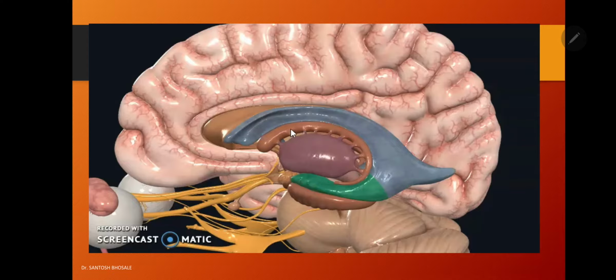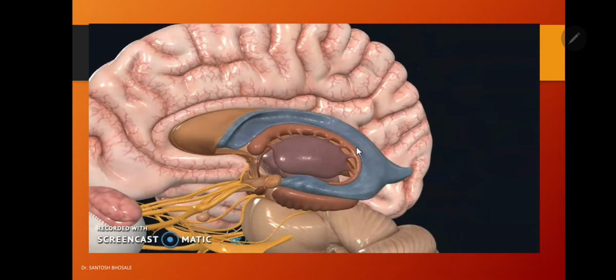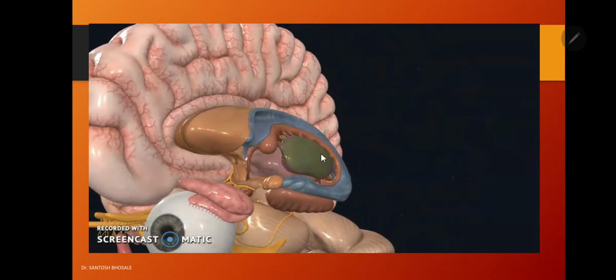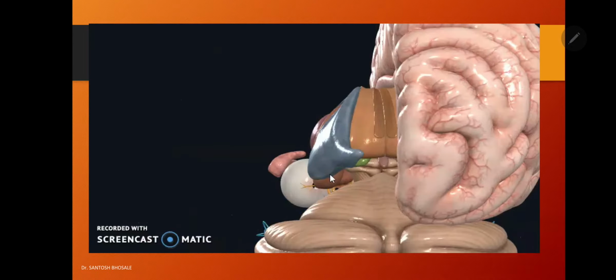And when you see the lateral ventricle, it is surrounding the caudate nucleus there, the head, body and tail of the caudate nucleus, and you can see the putamen there, the corpus striatum, and forming the floor of the body of the lateral ventricle is the thalamus.